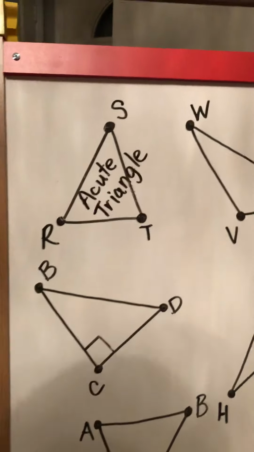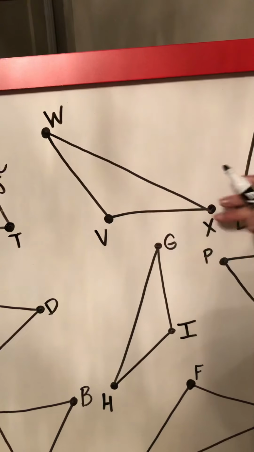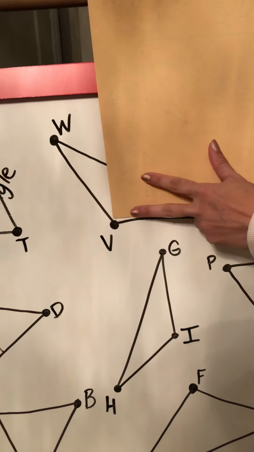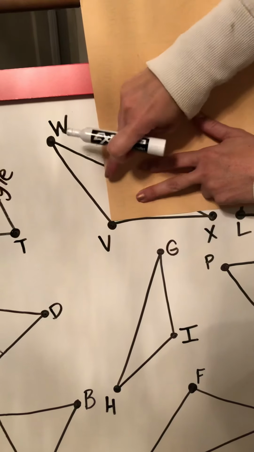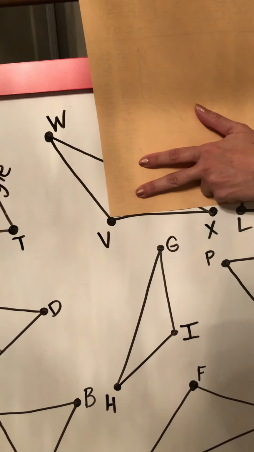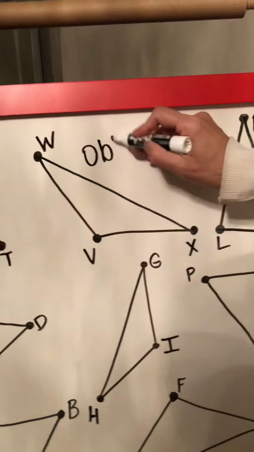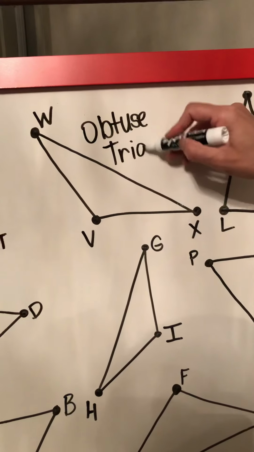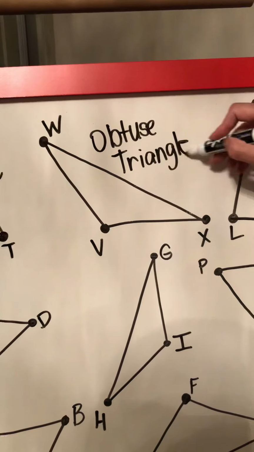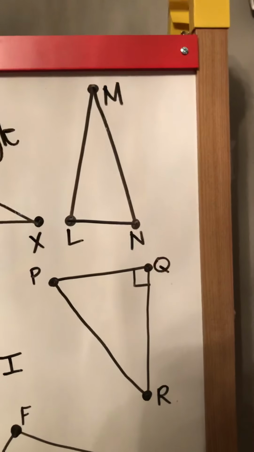Let's look at the next one. Just by looking at it, I see a very wide angle here. I can take my paper and put it on the line, and I see that this goes past 90 degrees. When it goes past 90 degrees, that means it's an obtuse triangle. Here we have triangle LMN.